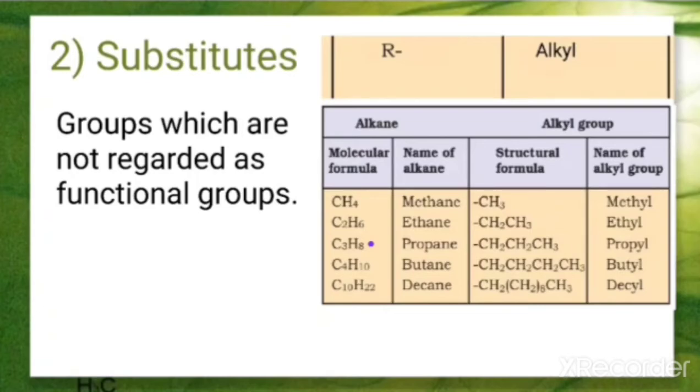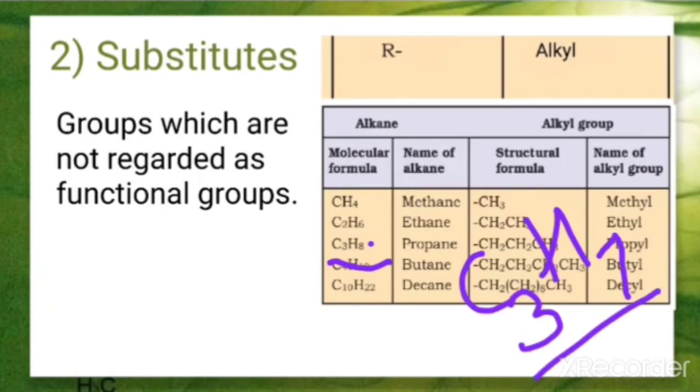That will be C3H7. Look here: propane formula is C3H8 and propyl formula is C3H7, and don't forget to keep a dash. You can check that the valency of 4 gets satisfied with this dash.